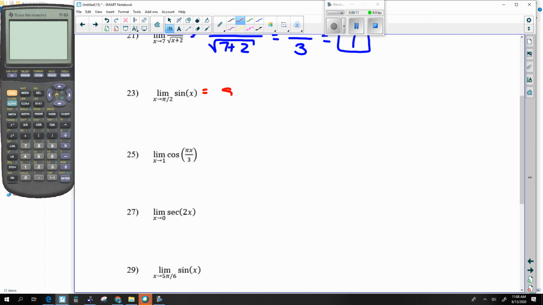So here, this substitution is sine of pi over 2. Again, on the unit circle, the x-coordinate is cosine, the y-coordinate is sine. It goes cosine, sine, so this would be equal to 1.